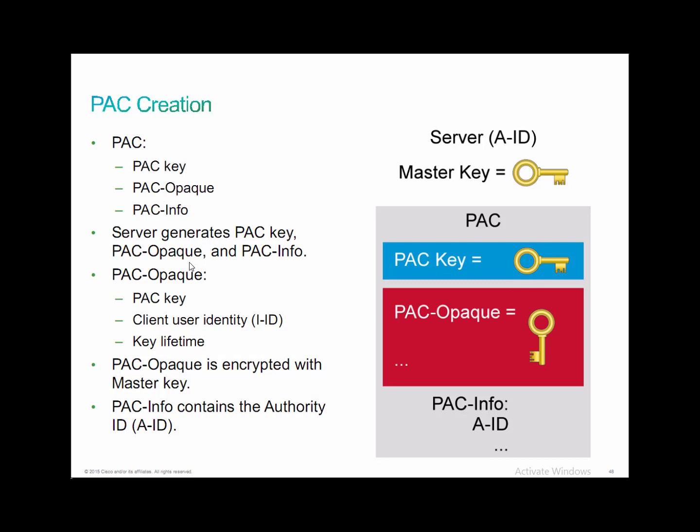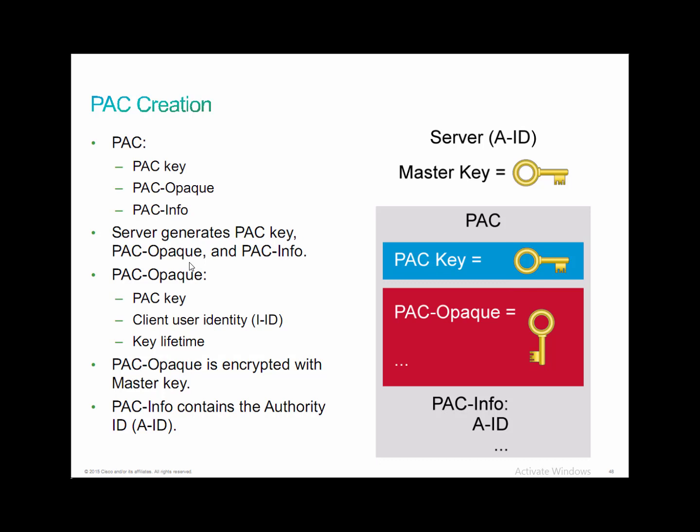A PAC gets associated with a specific client username, a server authority ID, so there is some tie-in to specific variables that are defined by that particular user, but it removes the need for the digital certificates that are required using the public key infrastructure.